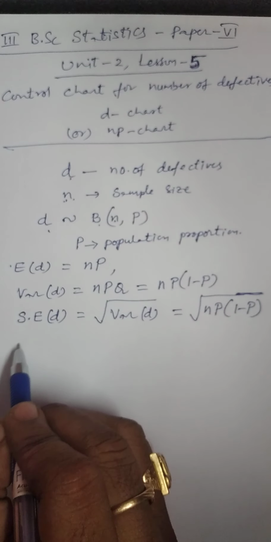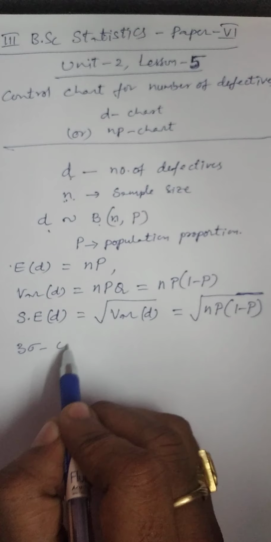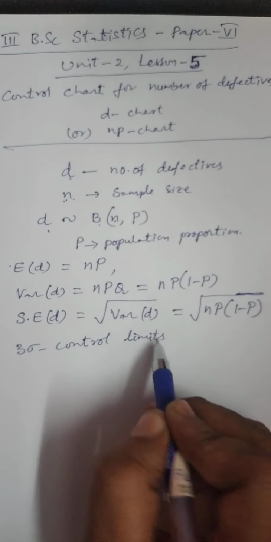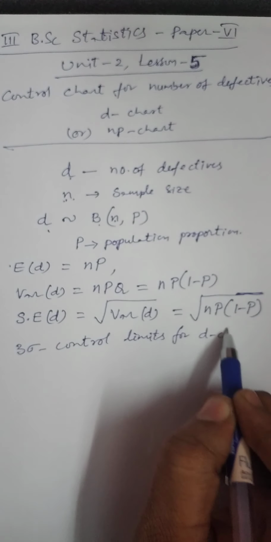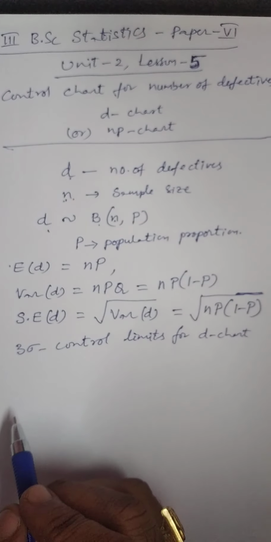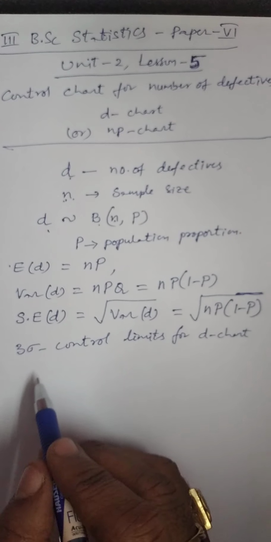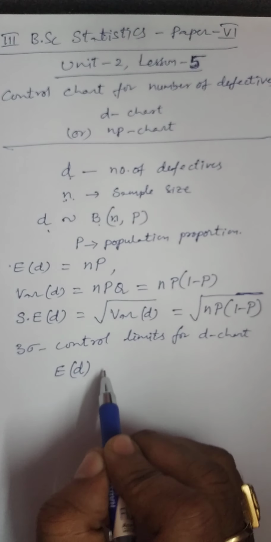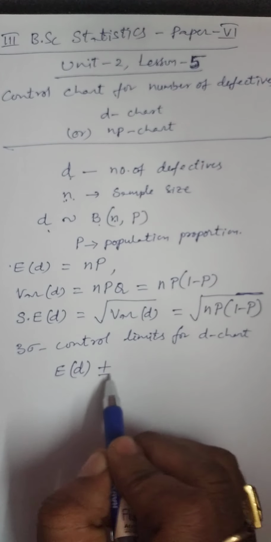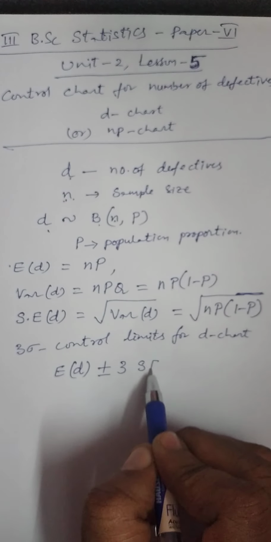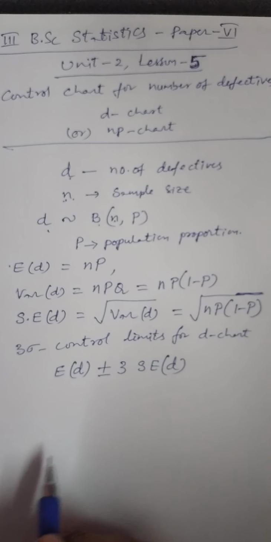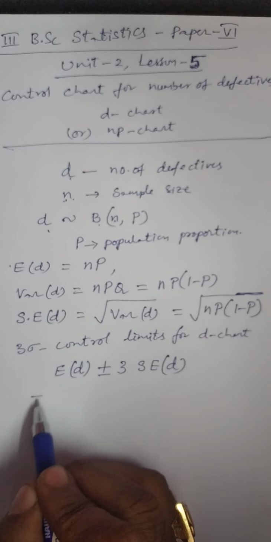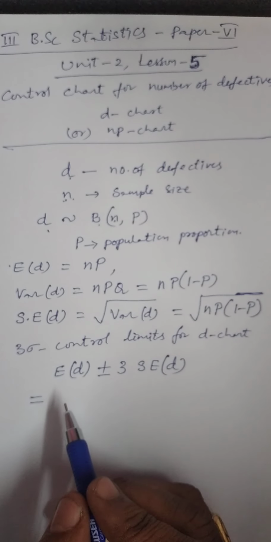So now what are the 3 sigma control limits for D chart? 3 sigma control limits for D chart are calculated by expectation of D plus or minus 3 into standard error of D. So in which we substitute the values.